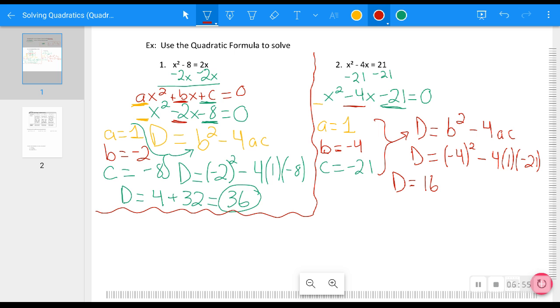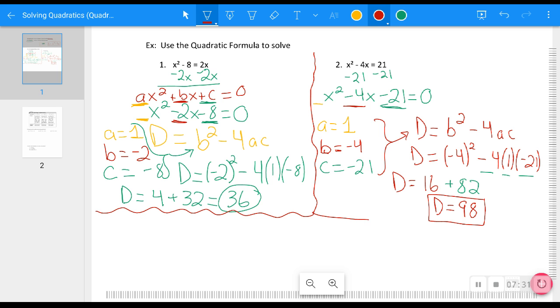Then we have negative 4 times 1 is negative 4, times negative 21 is going to give us a positive 84 because the negatives cancel. Then adding those up, our discriminant equals 96. I'm sorry, I lied. Take it back. Our discriminant is going to be 100. 6 plus 2 is 8, Mr. B.